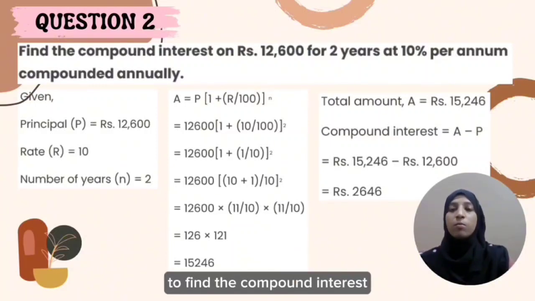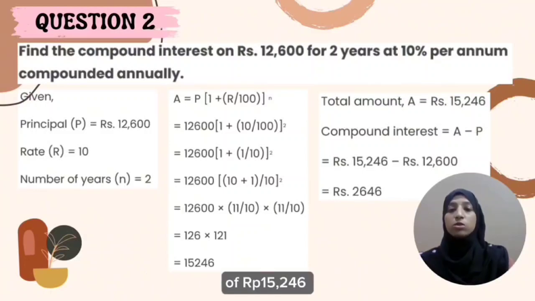To find the compound interest, we use this formula: let A be the total amount, where A equals P(1 + R/100) to the power of N. We substitute the information given into this formula, which gives us the total amount of 15,246 rupees.